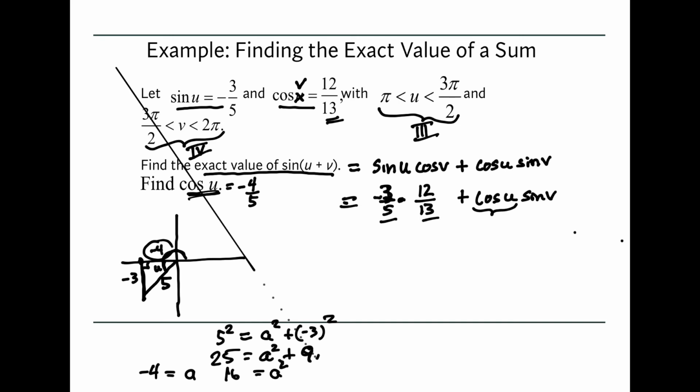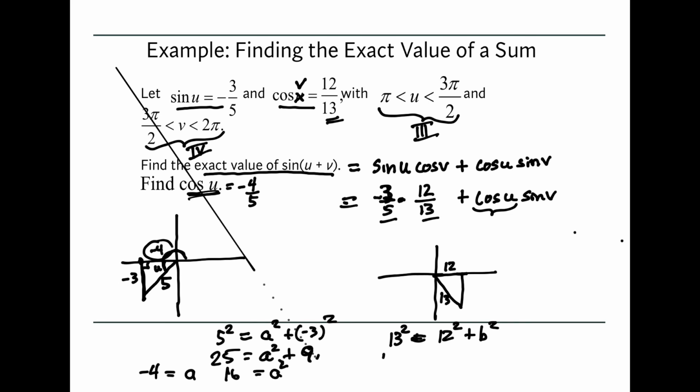Now let's go and find the sine of v. Fourth quadrant, and we're told that the cosine of v, so drawing my triangle here, cosine is adjacent, so it's 3 over, I'm sorry, I'm doing the wrong ones here. We're doing v, and for cosine we had 12 over 13. Cosine is positive in the fourth quadrant, so that works out fine. And so that's 13 squared equals 12 squared plus b squared.